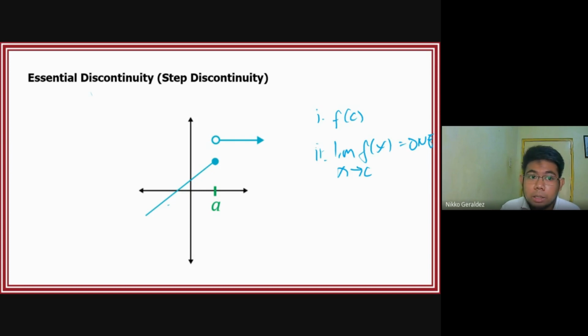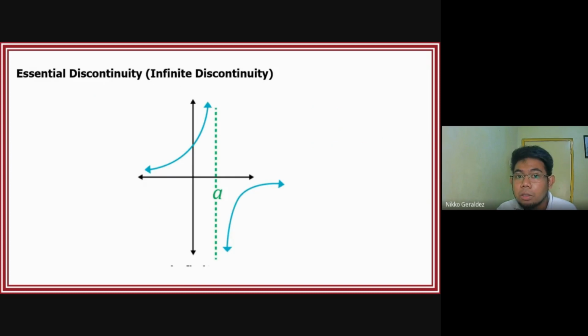Then, another type of essential discontinuity is the infinite discontinuity. May asymptote. Kapag ganyan, mag-fail na yan sa condition number 1. f of c does not exist na. Example niyan, 1 over x.